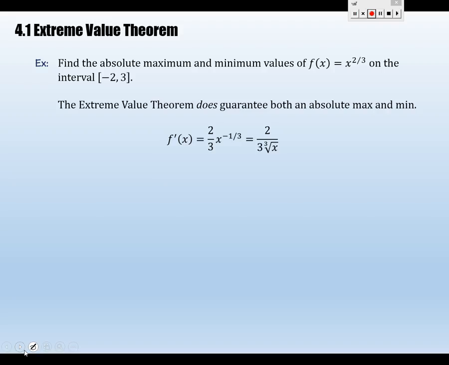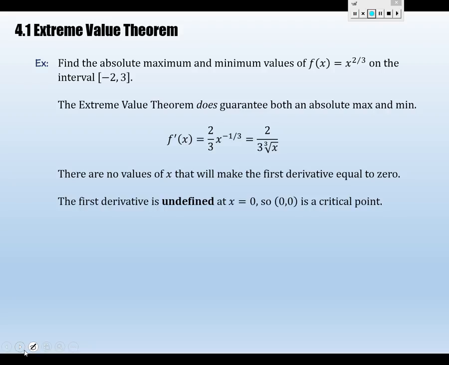The answer is it's not ever 0, but it is undefined when x is 0. So that's our critical point. That's the only critical point for this simple first example. So (0, 0) is the critical point.